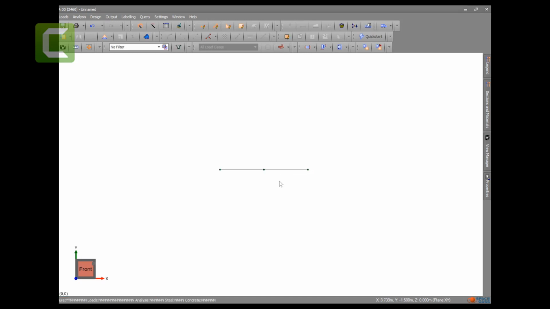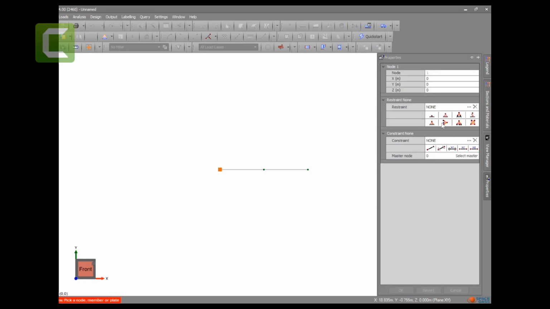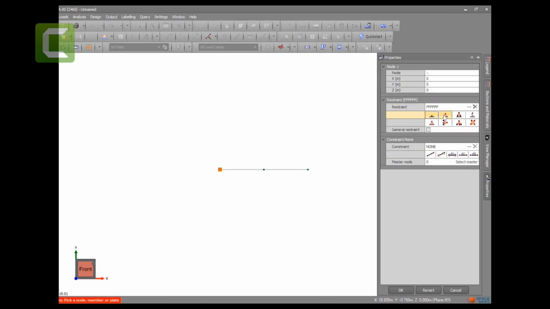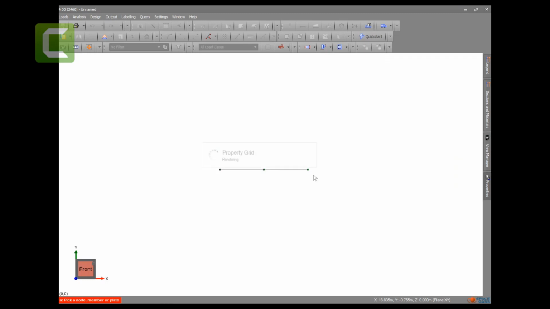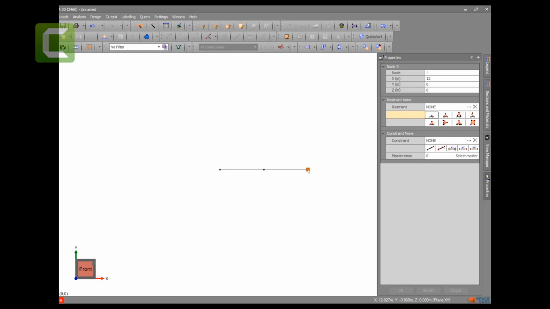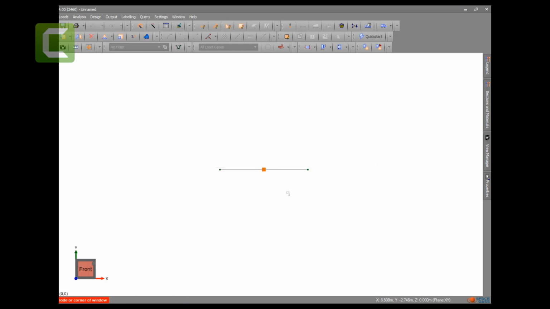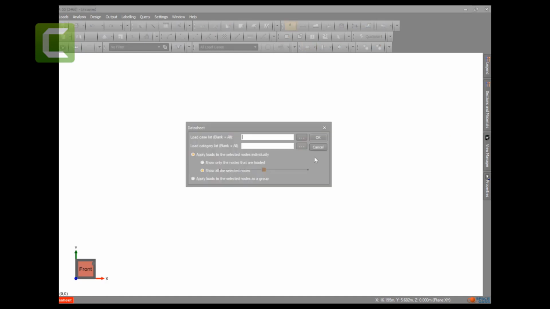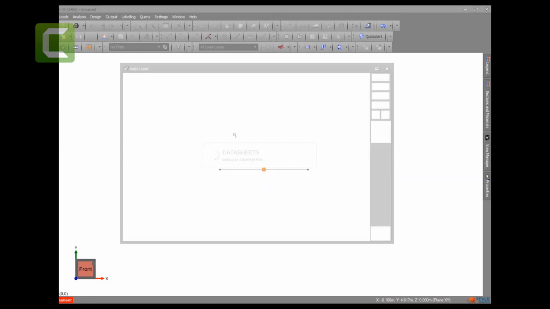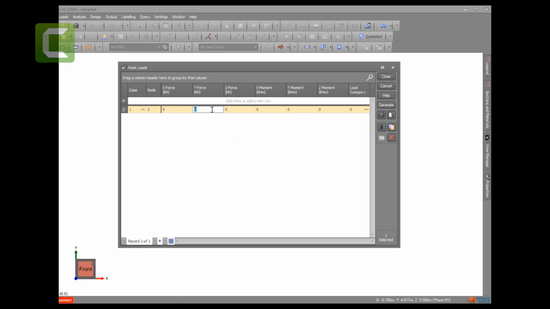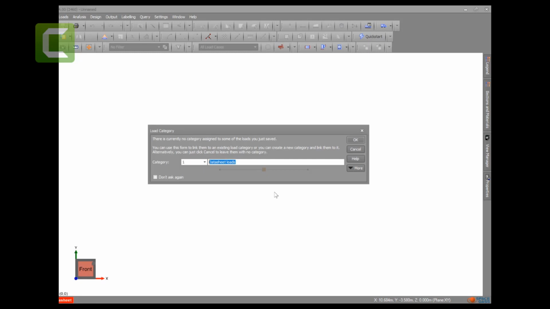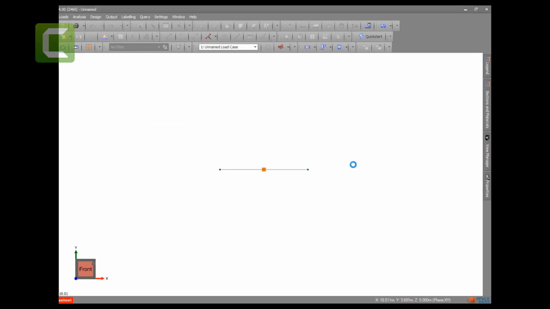Escape key to get out from the commands. Double click on this one. We have these fixed supports and casters. We have a roller support here. One click, 50 kilonewton load, minus y, 50 kilonewtons. Hit OK and OK and OK.